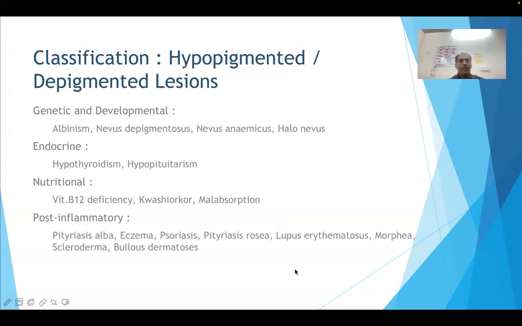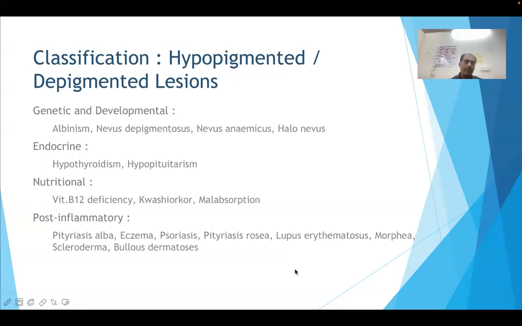Now talking about the hypopigmented or depigmented disorders, they are classified according to cause. Genetic and developmental: albinism, nevus depigmentosus, nevus anemicus, halo nevus. Endocrine disorders such as hypothyroidism and hypopituitarism, nutritional deficiencies such as vitamin B12 deficiency, protein deficiency disorders such as kwashiorkor, and malabsorption states.